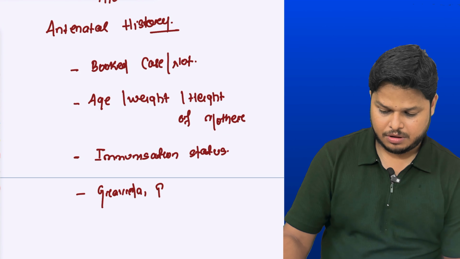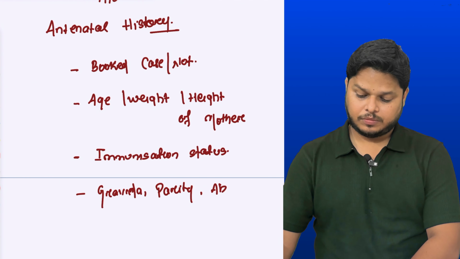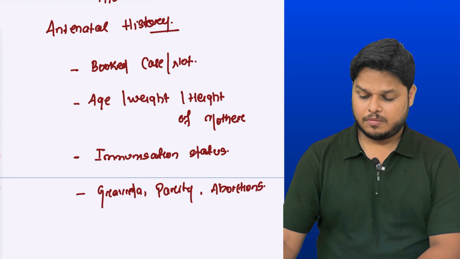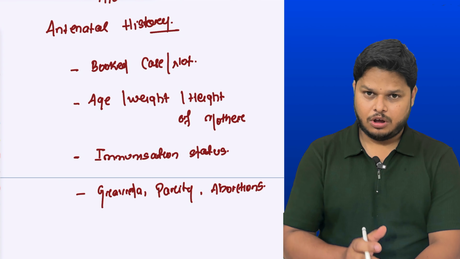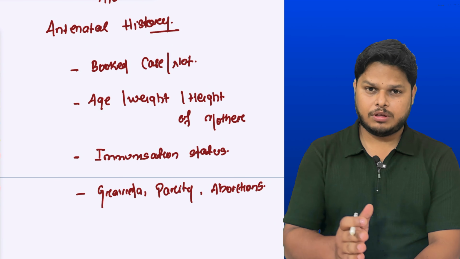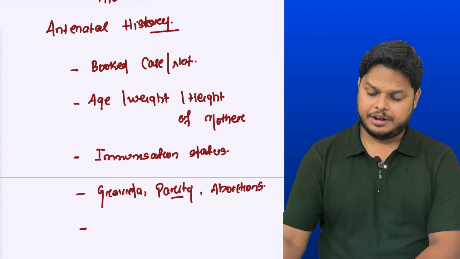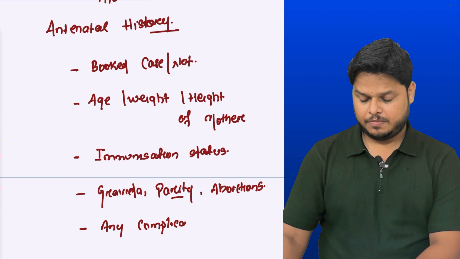Gravida, parity, abortions: whether any previous abortions, which order baby is this, how many of them have crossed the period of viability. Parity, any complications.